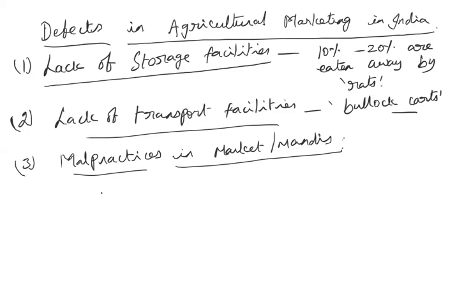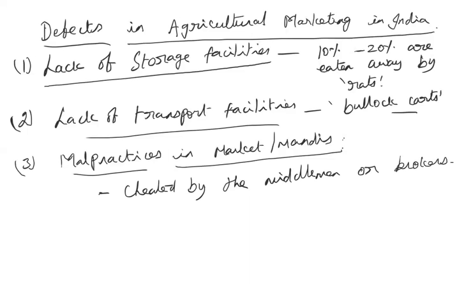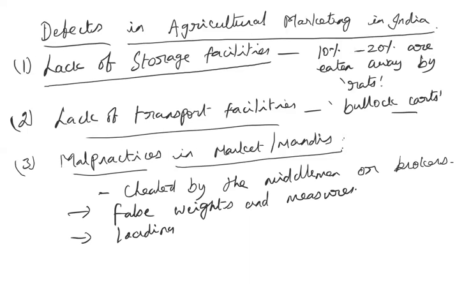So basically, there are several malpractices. They are cheated by the middlemen or brokers. In what ways are they cheated? First, they use false weights and measures, taking advantage of the ignorance of the farmers, and they charge loading and unloading charges.